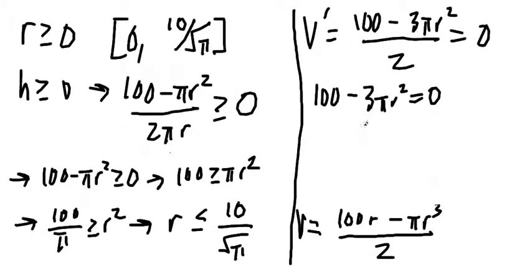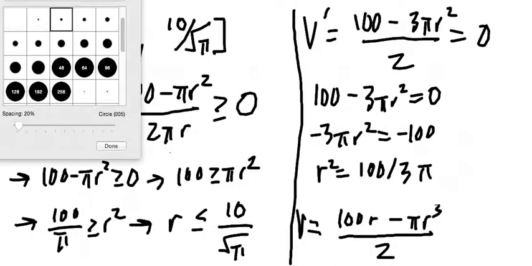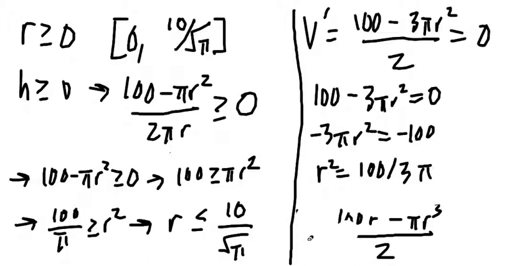Great. Let's subtract 100 from both sides. We get minus 3 pi r squared is equal to minus 100. Divide both sides by 3 pi, and I get r squared is equal to 100 over 3 pi. And then I take the square root of both sides, and I know that I can take the positive square root because, again, the radius is a number which is greater than or equal to 0.